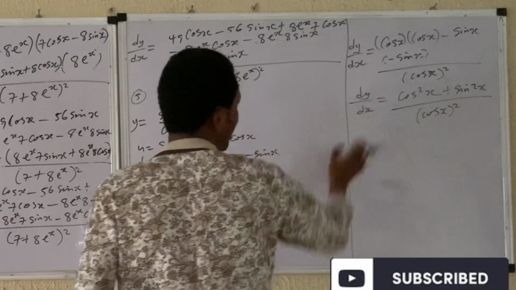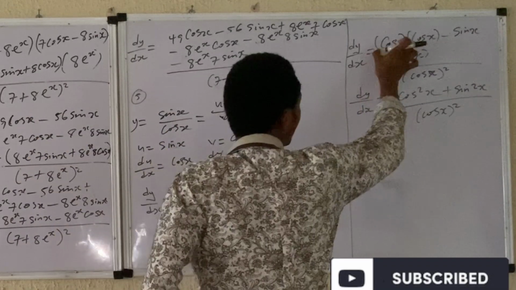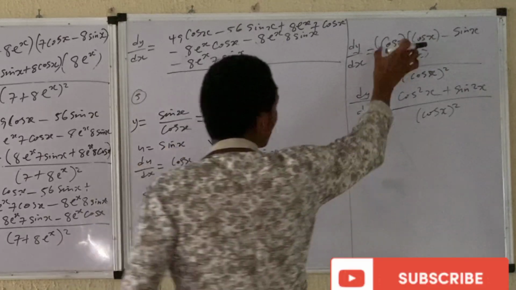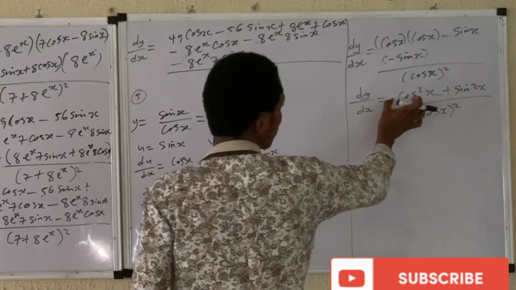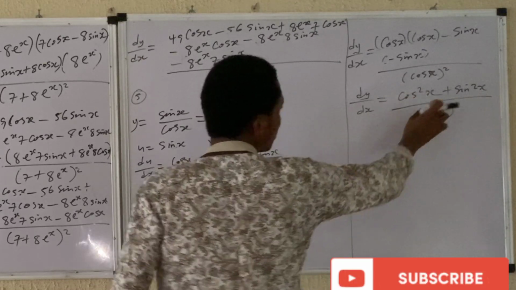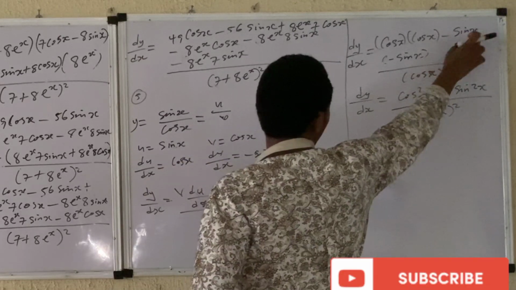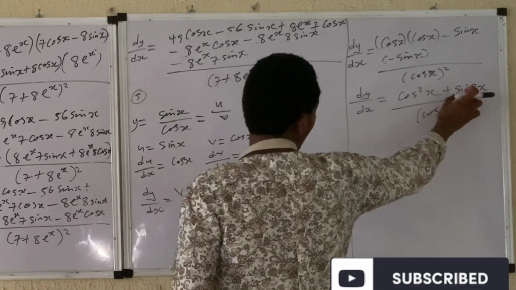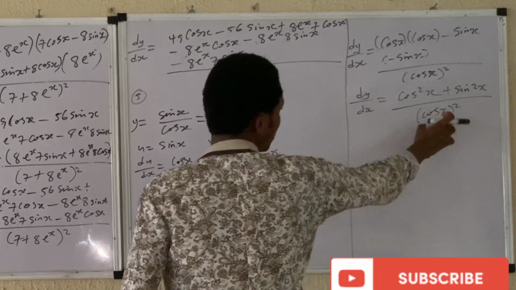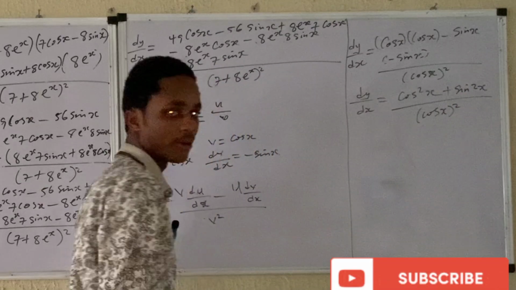Dy dx. Now, multiplying these two brackets together, cos x times cos x will give you cos squared x, plus minus sin x times minus sin x will give you positive sine squared x, all over cos x raised to the power of 2.